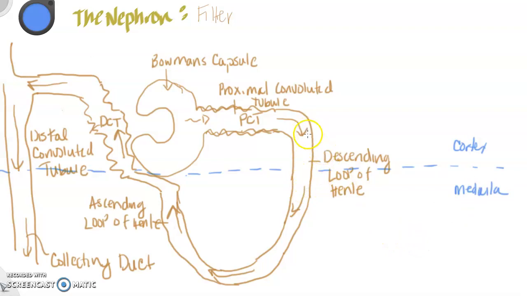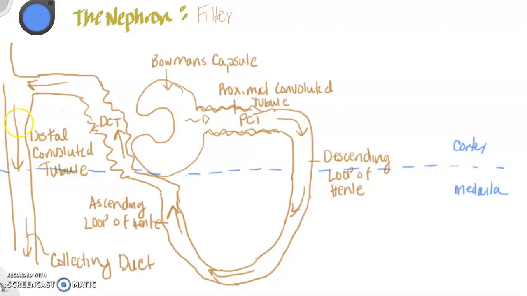So if you notice, the descending and ascending loops of Henle are in the medulla. Bowman's capsule and the proximal convoluted tubule and the DCT are going to be in the cortex. The collecting duct spans both of them. So they are in the cortex and then go down into the medulla, down to where the renal papilla are.